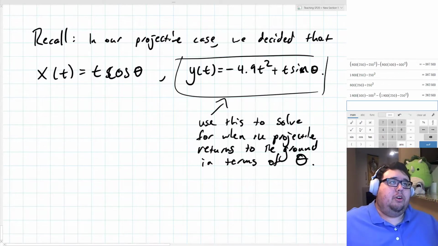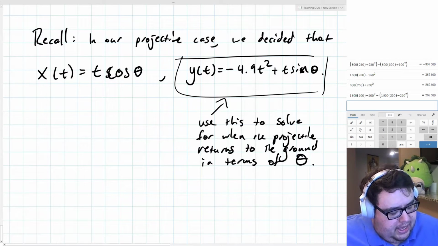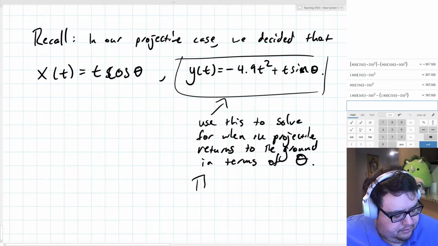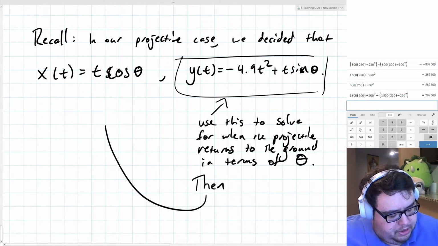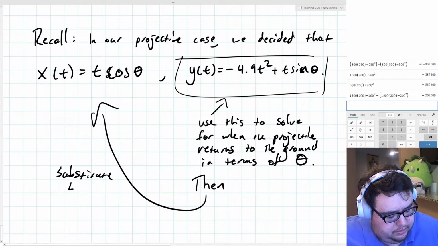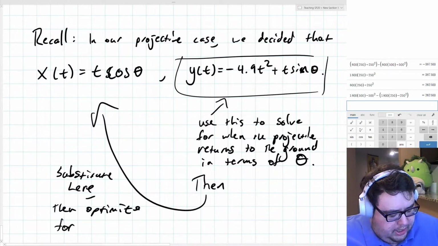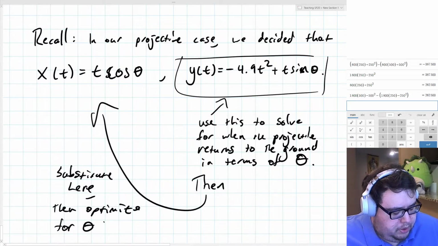So based on the angle, when is the projectile going to come back to the ground? Then we can substitute that in here. Then optimize for theta between 0 and pi over 2.